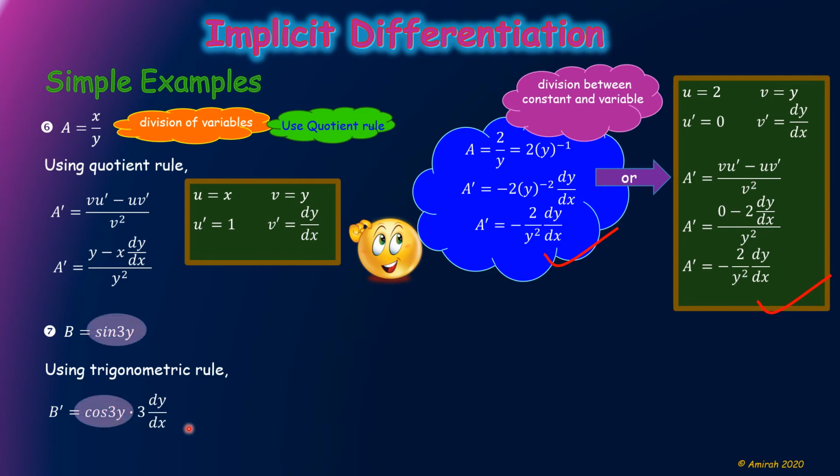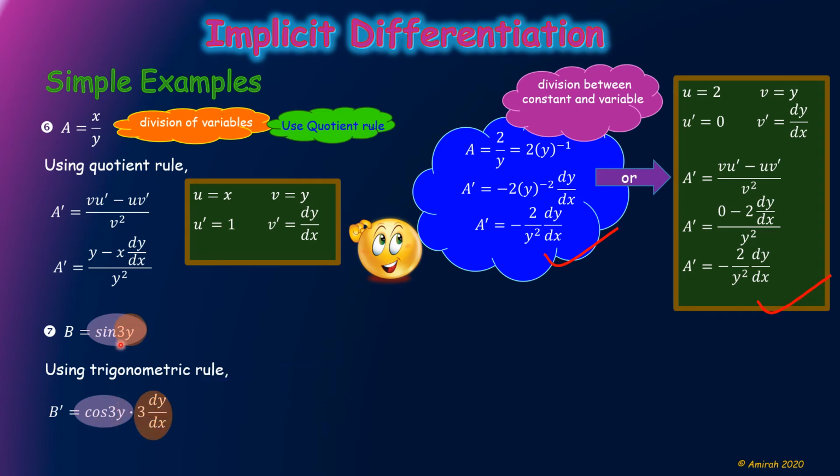How do we get this? When we differentiate sine 3y, we will get cos 3y because we refer to the simple formula for sine x. When we differentiate sine x, it becomes cos x. So when we differentiate sine 3y, it becomes cos 3y.